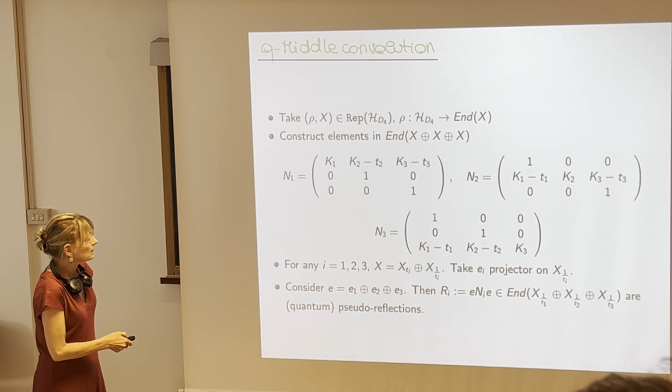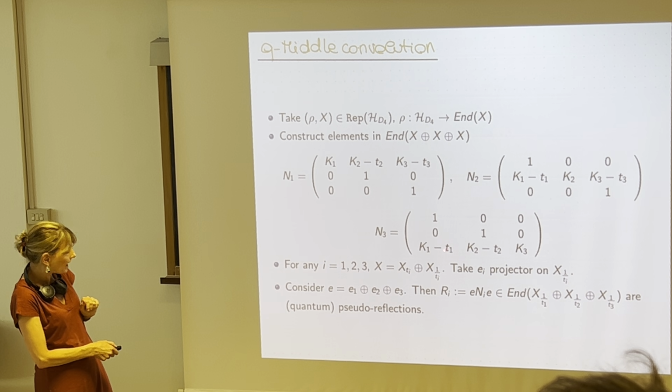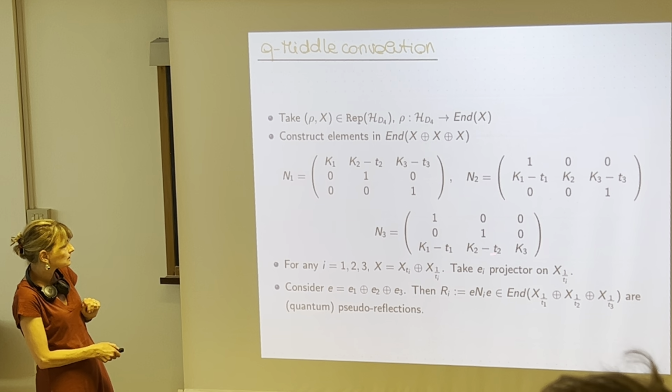So actually, I should have rescaled my K's in this slide, because maybe you remember my eigenvalue. Oh no, I think I've done it actually. Sorry, no, I have rescaled everything. So I take V1 to be an eigenvector with eigenvalue T1, V2 to be an eigenvector with eigenvalue T2, and V3 an eigenvector with eigenvalue T3.